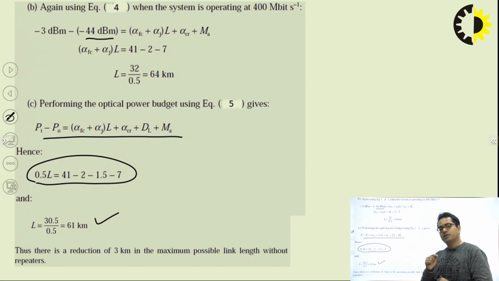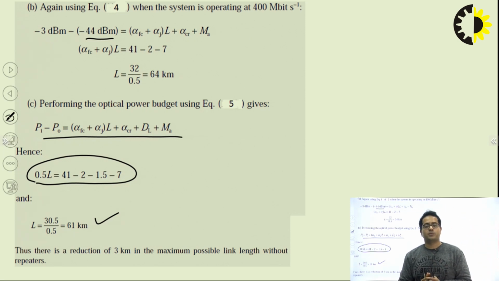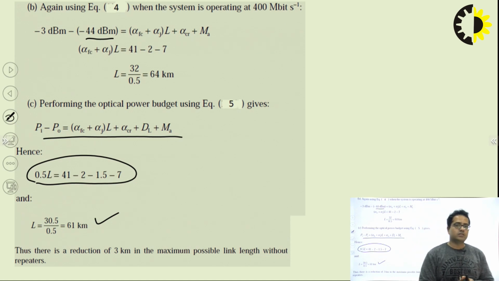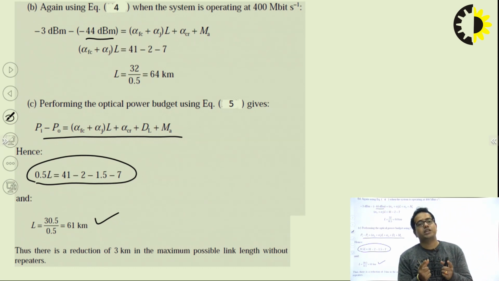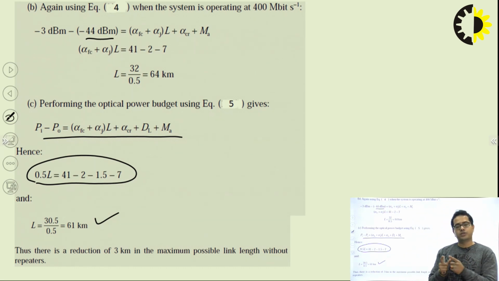So dispersion is the main culprit responsible for this. If you are including dispersion, definitely it is going to bring down your safest length of the optical fiber without the involvement of repeaters.